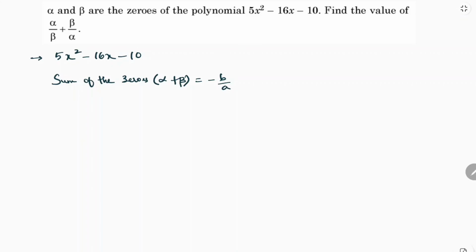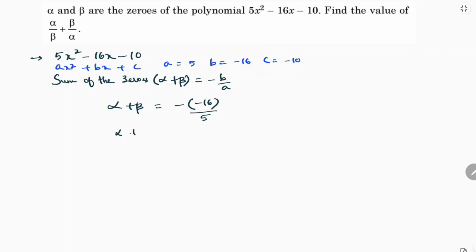If you compare with the standard polynomial ax² + bx + c, the value of a is 5, b is −16, c is −10. So alpha plus beta is −b, which is 16, upon a, which is 5. So alpha plus beta is 16 upon 5.